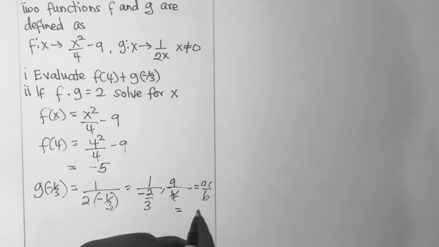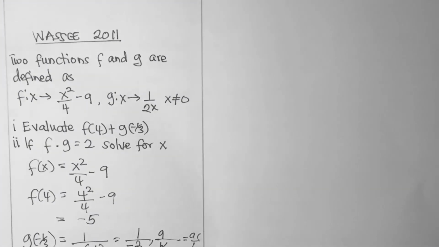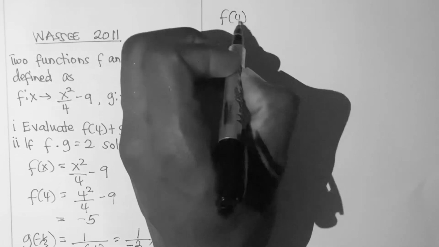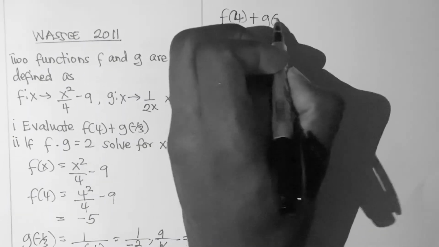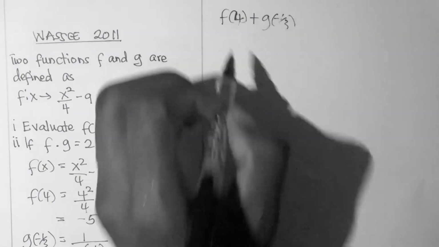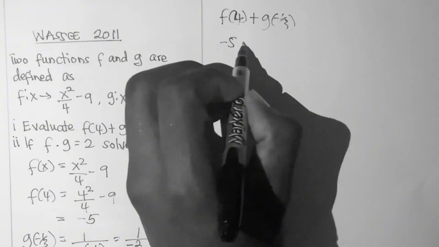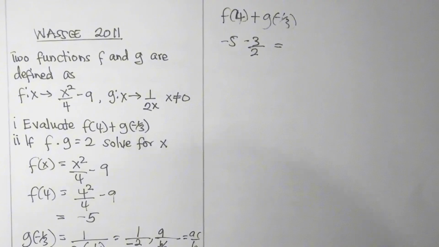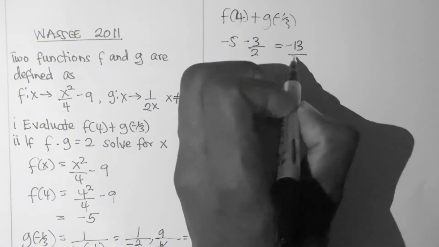So this is equal to minus 3 over 2. The next thing is that the question is saying we should find f of 4 plus g of minus 1 over 3. So that is equal to f of 4 is minus 5, then g of minus 1 over 3 is minus 3 over 2. And if you compute this on the calculator, you are going to get minus 13 over 2.